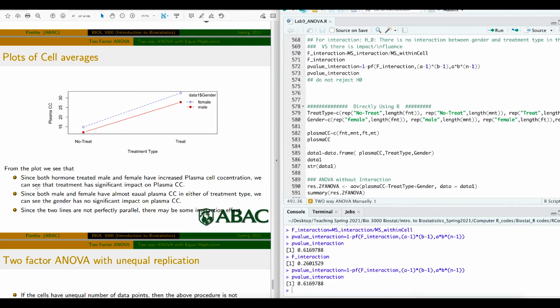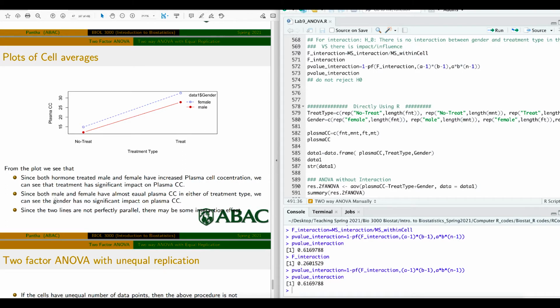Let me read this. Since both hormone treated male and female have increased plasma calcium concentration, we can see that treatment has higher impact on plasma calcium concentration than no treatment. So the averages of the no treatment and treatment are not equal.